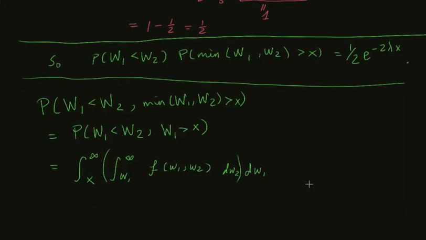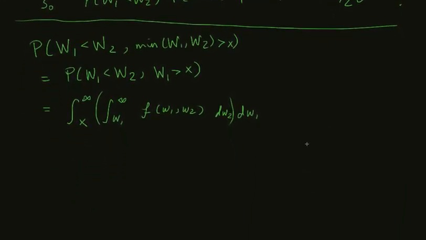Okay, let's just recall very quickly that W1 and W2 are independent, right? That means I can factorize the joint density into the product of the marginal densities. So what do I get? I get the integral from x to infinity, and then the integral from W1 to infinity.